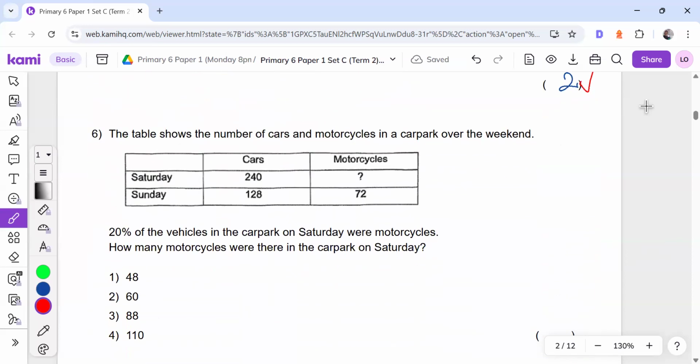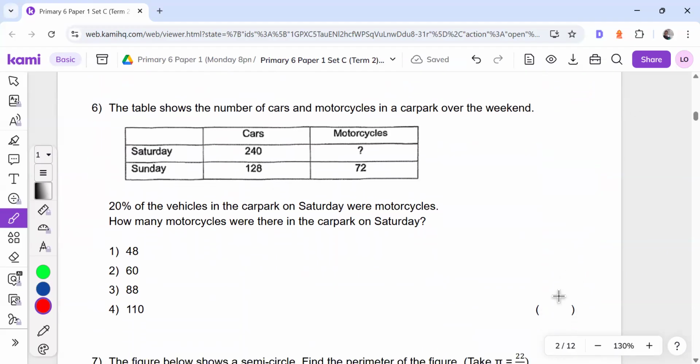Okay, now this one, I think some of you may get a mistake because you are confused with what you see over here. 20% of the vehicles in the car park on Saturday were motorcycles. So your 20% refers to which number in the table, right? And you got it wrong because you referred to the wrong number.